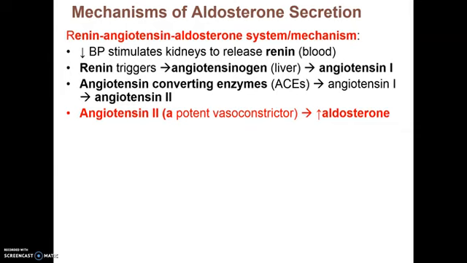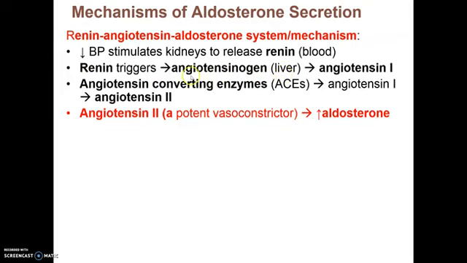So, mechanism of aldosterone secretion. Like in chapter 25, we talked about the renin, angiotensin, aldosterone system. As the blood pressure goes down, it stimulates the kidney to release renin. Renin triggers angiotensinogen released by the liver.